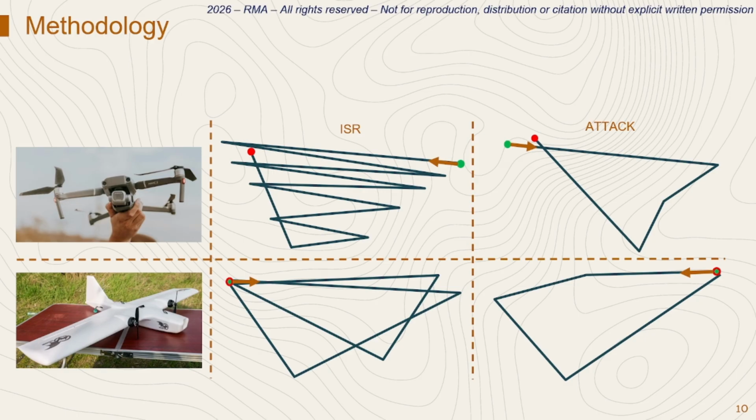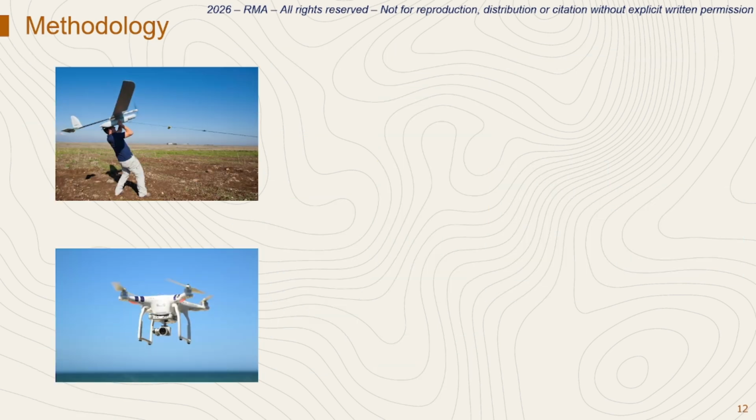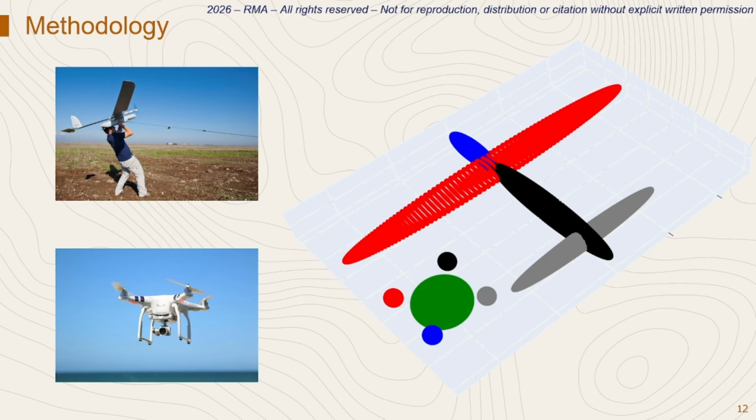And in our tool, we've modeled it as a combination of linear segments. Now onto the shape of the target. For our fixed wing and rotary wing target drones, we're going to model them as a combination of ellipsoids. Why?